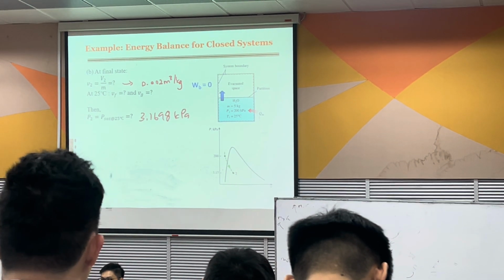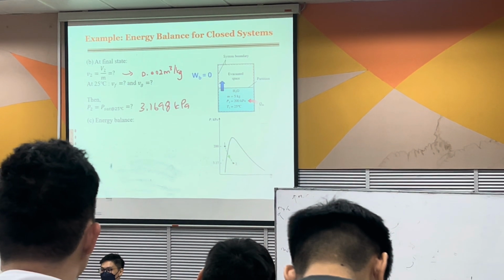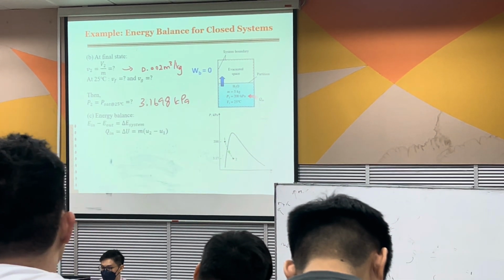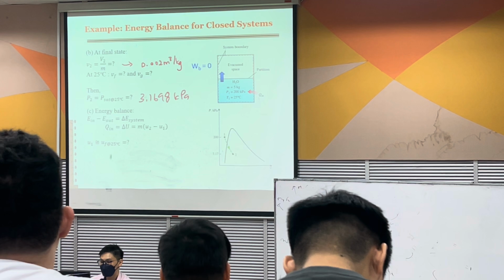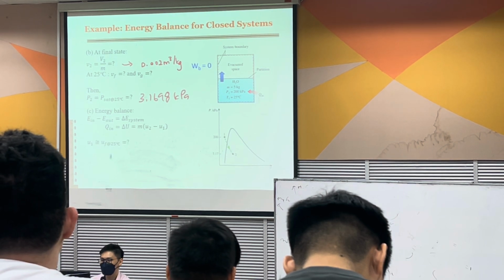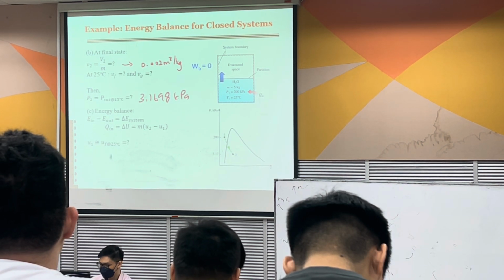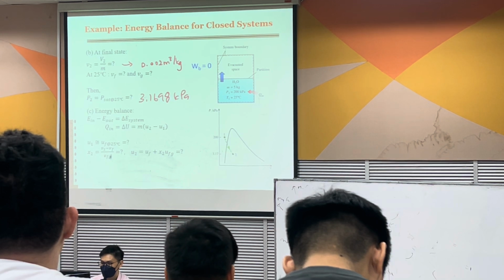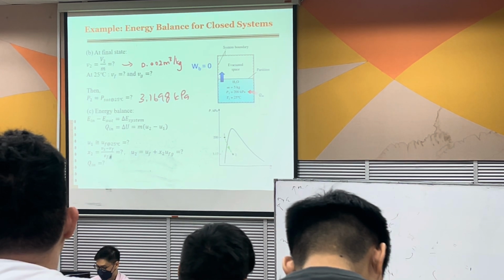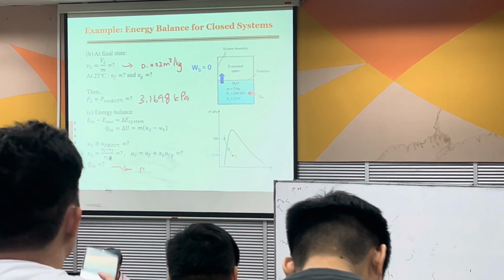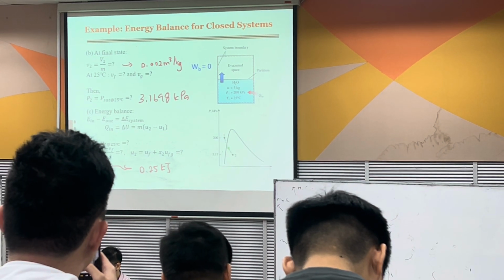Okay, so now that we know this, for C we need to find what is the Q in. For the Q in, you need to find U1 and then you find U2. Then you can solve Q in. So this one you can try, but the answer will be 0.25 kilojoule.